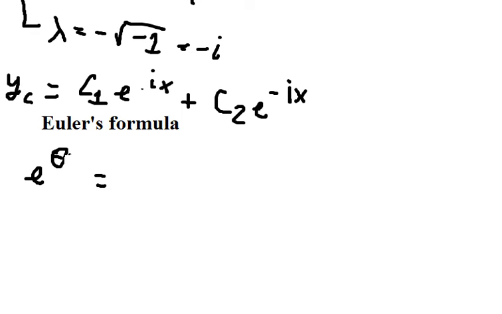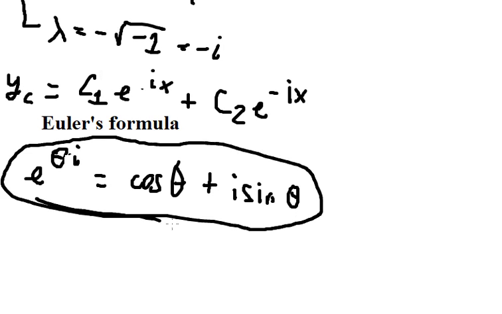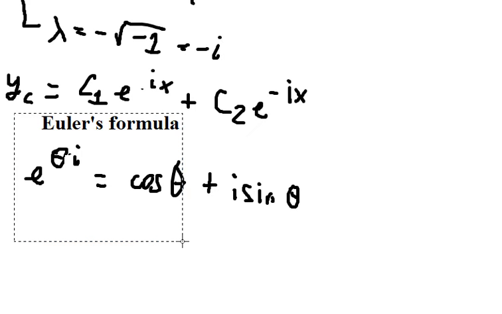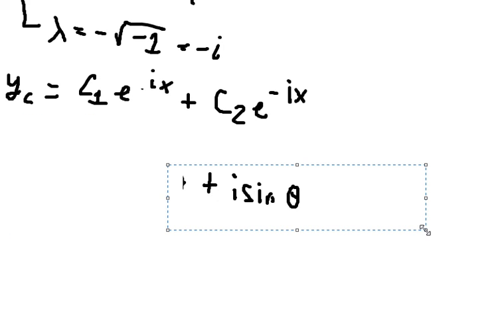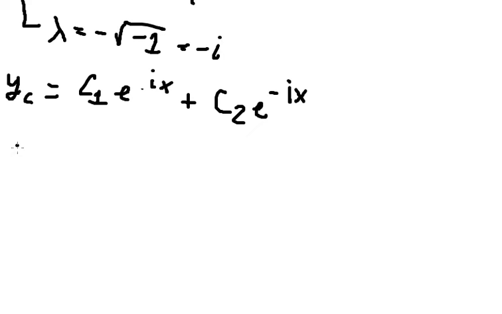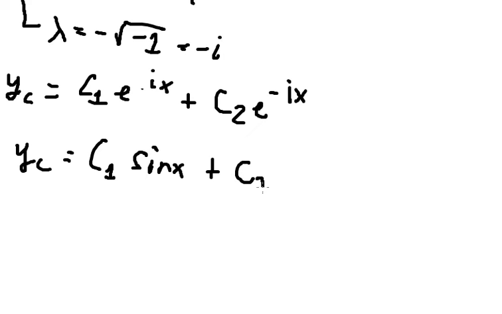So we will have cosine theta plus i sine theta. Theta in here we change to s. If we use this for this one in here, we can simplify like this, and that is yc equal to c1 sine s plus c2 cosine s.